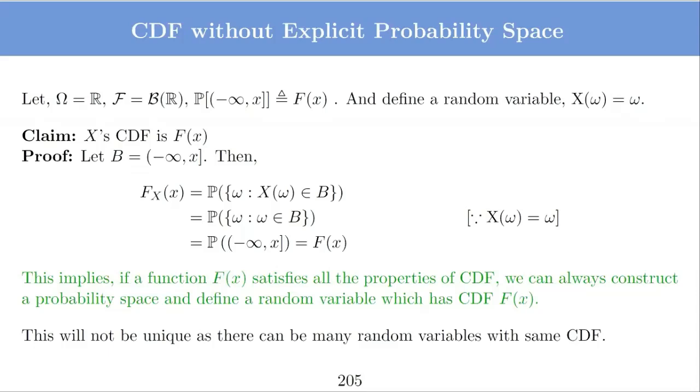Now define a random variable X(omega) equal to omega, and our claim is that the CDF of this X is F_X. How do we show that? Let's take B equal to (-infinity, x].